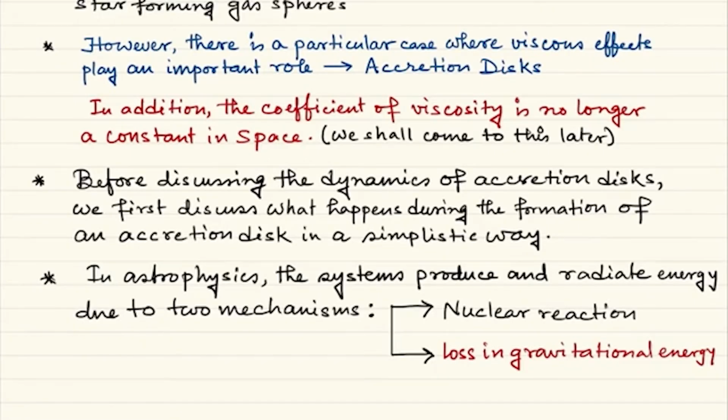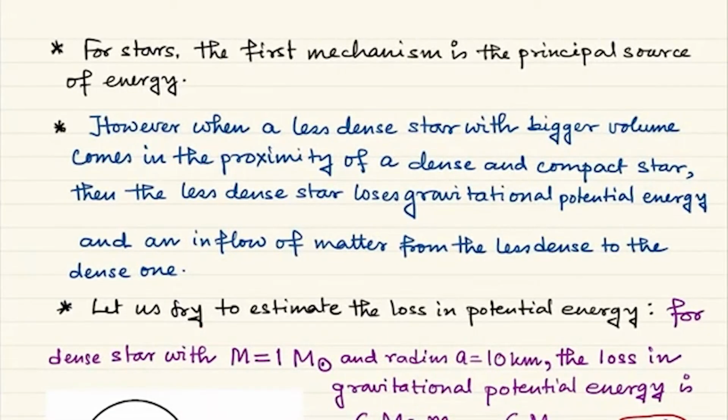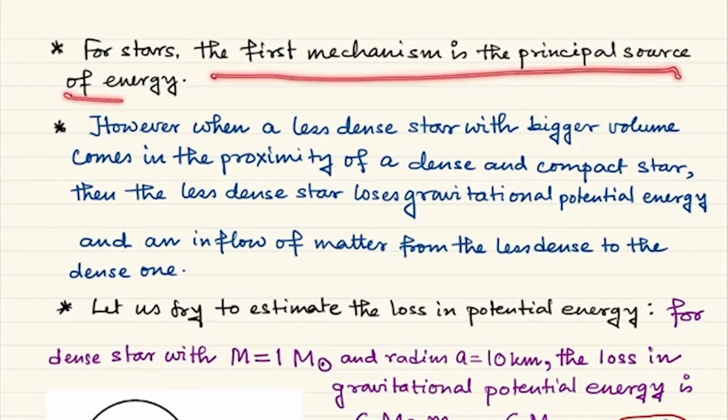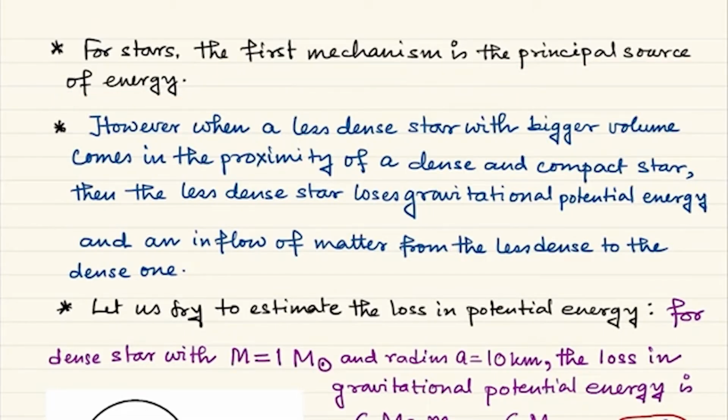That is possible. For example, when we are talking about the evolution of the stars, the first mechanism, the nuclear reaction, is the principal source of energy. For this type of system, the amount of the lost gravitational potential energy is negligible compared to the nuclear component.